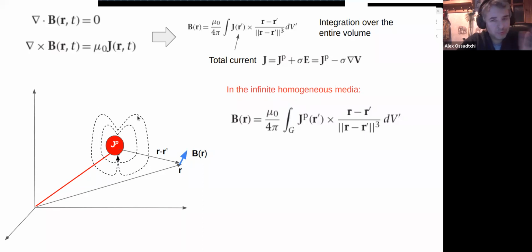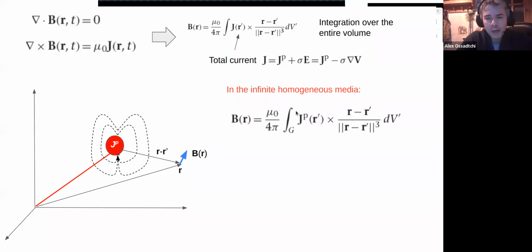This is amazing. I'll tell you why. It means you can limit this integration to only the small volume where you believe your currents are. And as I show you in the next couple of slides, you can replace this integration by just the concept of the current dipole, and that will be simple multiplication, and you compute this analytically. There's no problem at all.